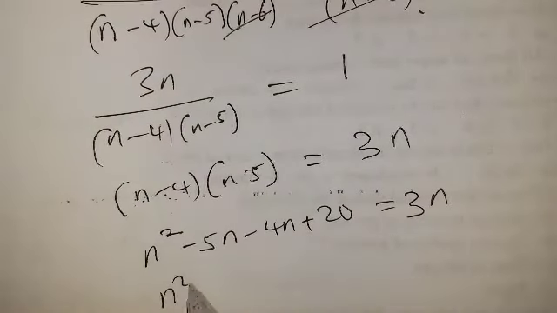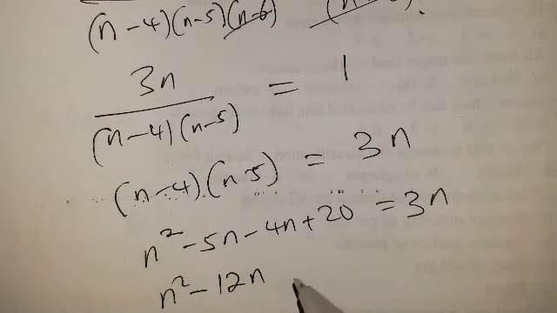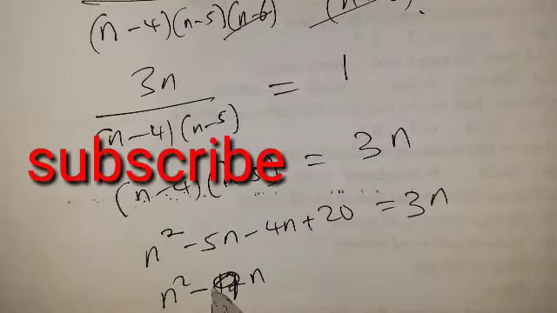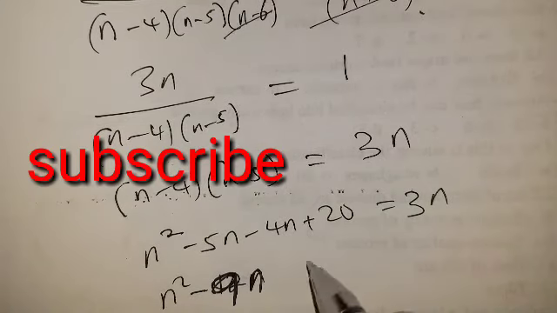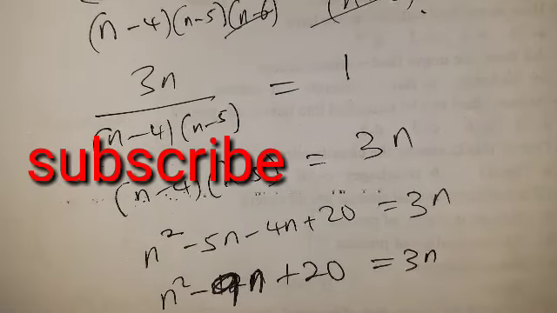Here we have n squared minus 9n plus 20, which equals 3n.